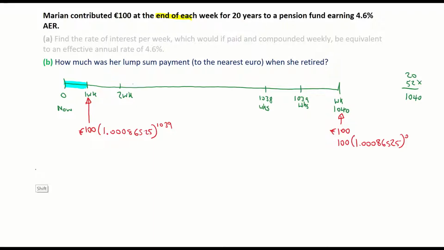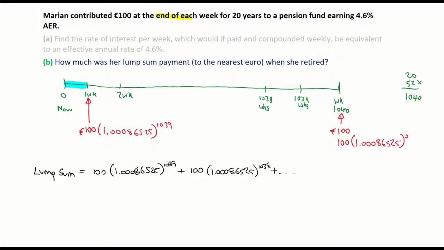So what does that look like as part of our geometric series? We want her lump sum, how much she wants to save, and I have all these regular installments. My first one, €100 times 1.000865525 to the power of 1039. My next one, in 2 weeks' time, will only be in the bank for 1038 weeks.